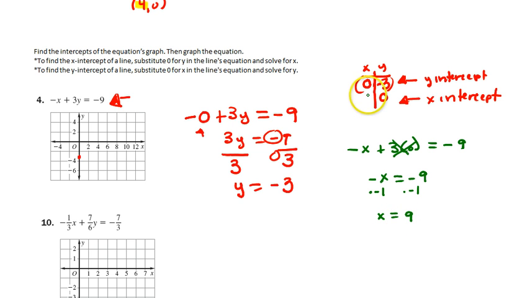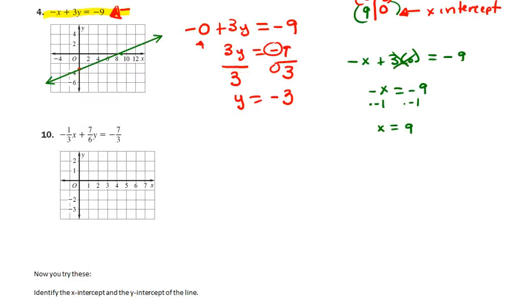So now I know that my x-intercept is 9. I have a point here which I can graph, which is right here. And I could draw my line. And now I've graphed this equation's line using the x and the y-intercept.